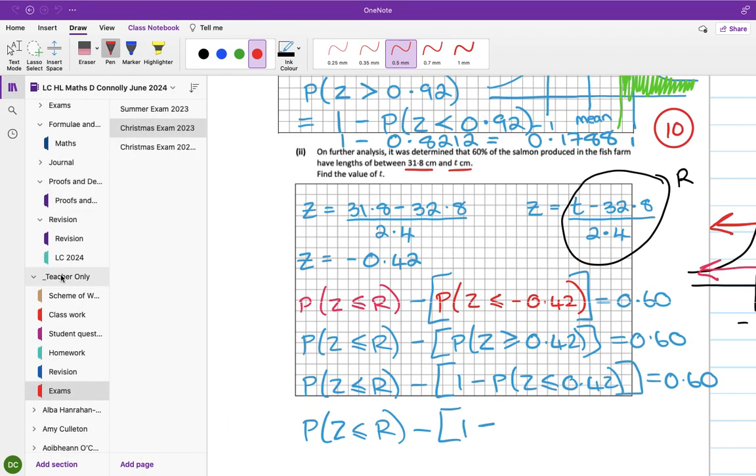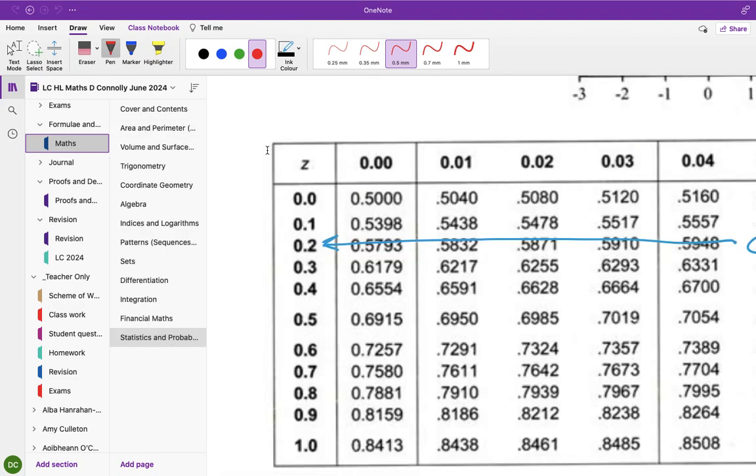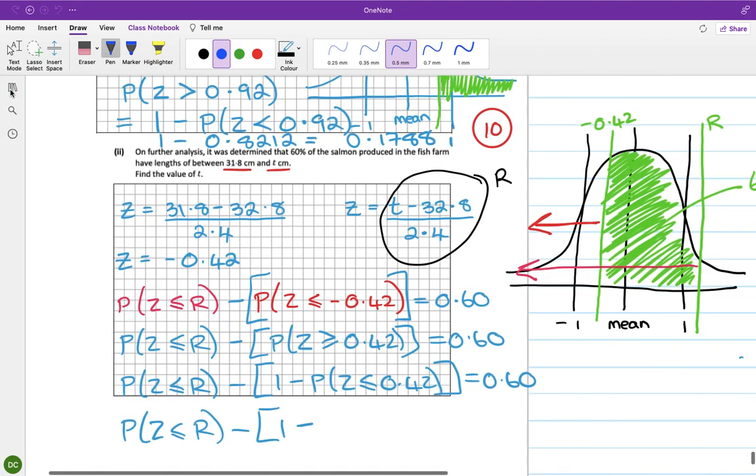Okay, 0.42. I have all sorts of writing on this now. Right, ignore that. So 0.42 gives 0.6628.